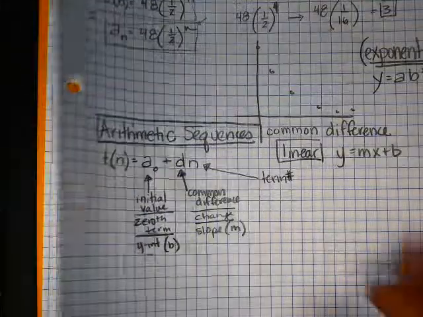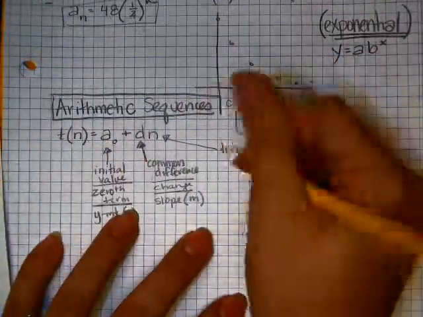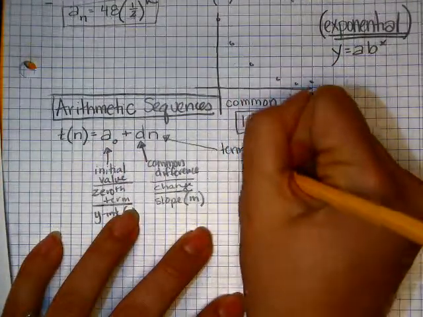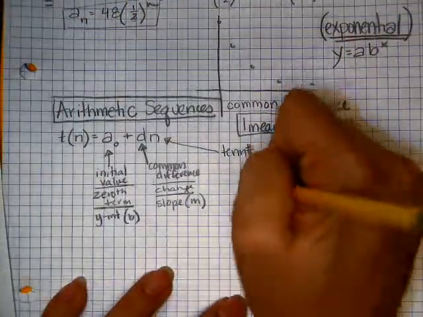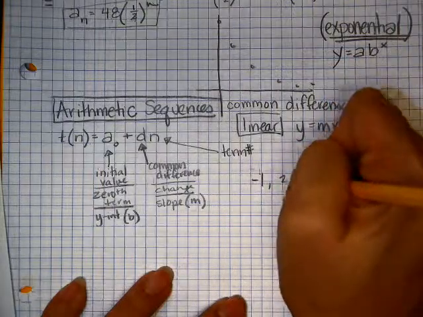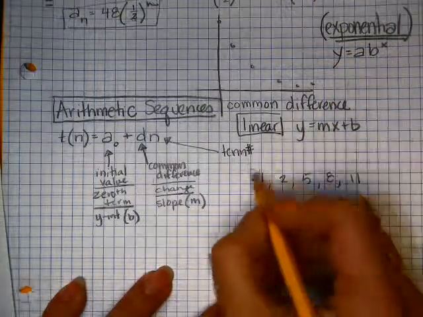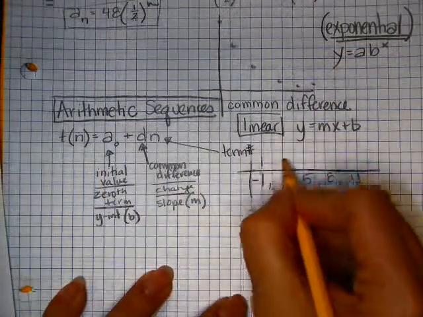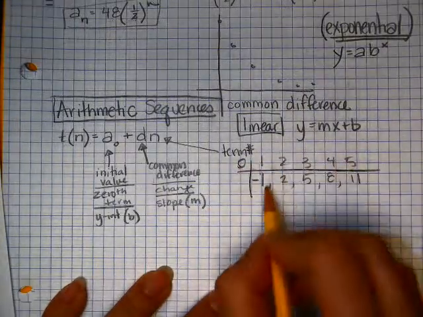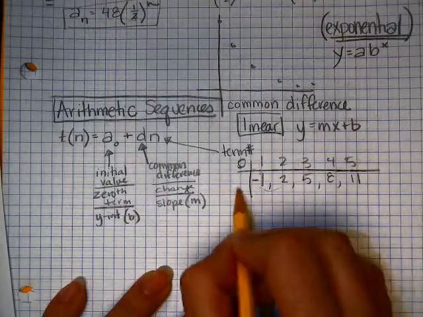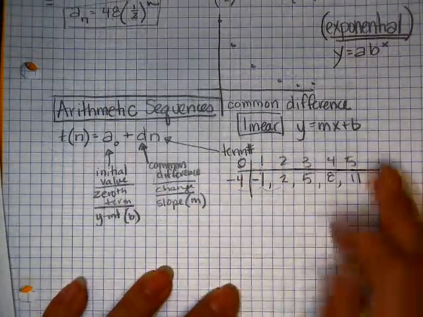So let's go ahead and put an example of A on here. So we had -1, 2, 5, 8, 11, which was our first term, second term, third term, fourth term, fifth term, and then you had to find the 0th term. So if we're adding 3, we do opposite to find the other one, which is -4.